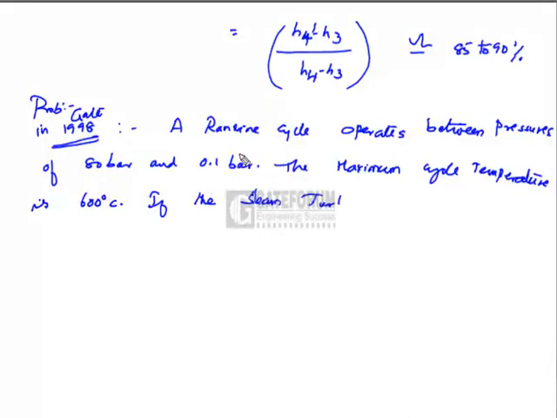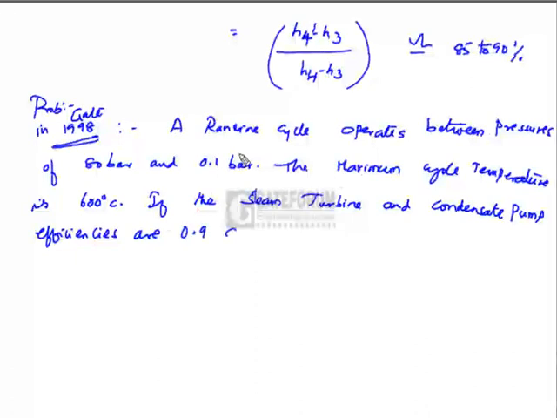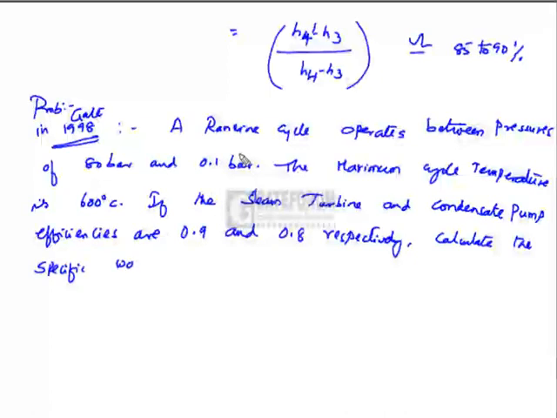If the steam turbine and condensate pump efficiencies are 0.9 and 0.8 respectively, calculate the specific work and thermal efficiency.